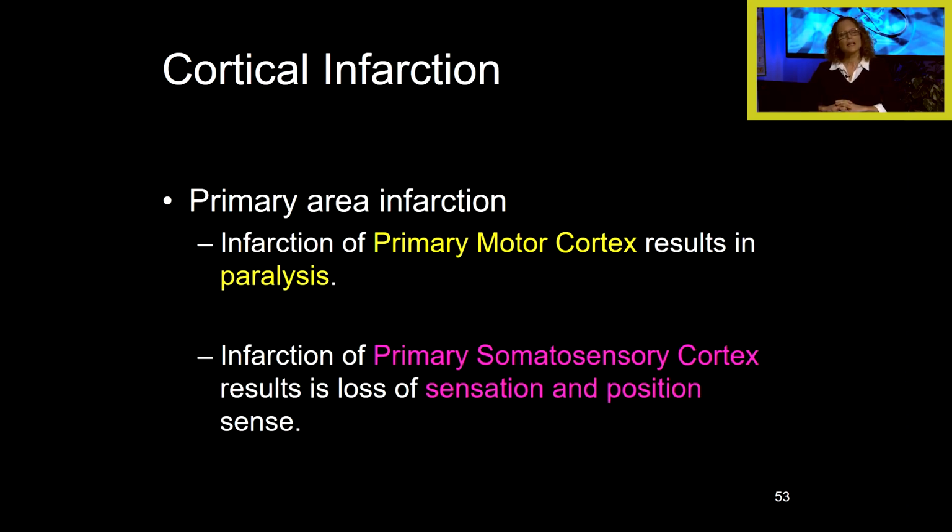So one of the things that we also want to consider about a primary area infarction, let's say the primary motor cortex has an area of cell death due to a stroke, that's going to result in paralysis. If we have an infarction of the primary somatosensory cortex in the brain, we're going to have a resulting loss of sensation and position senses.